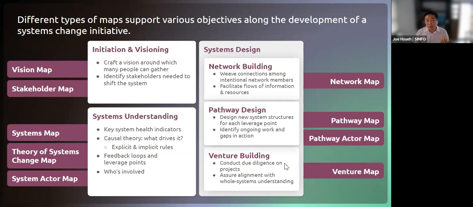Last but not least, you do system understanding, you design the pathway, down to the actual action, which are those ventures, right? Either a nonprofit or social enterprise. For those ventures, you can also do mapping at the venture level. What's the venture's theory of change? Their logic model can also be mapped in a causal way to make it explicit.